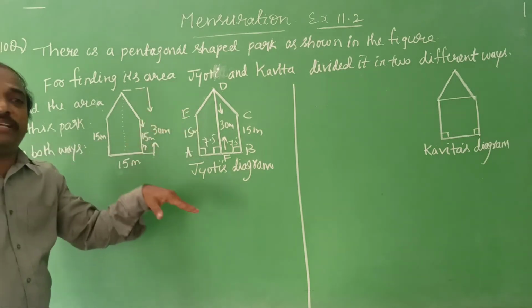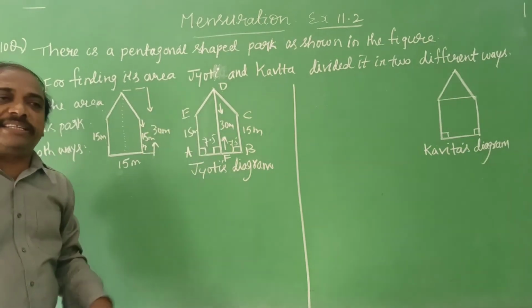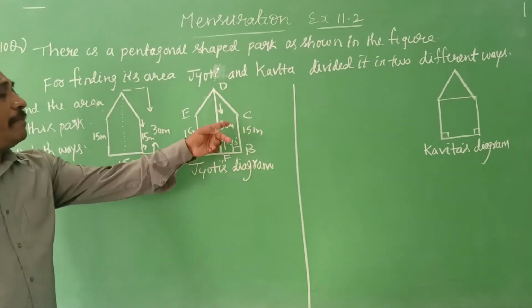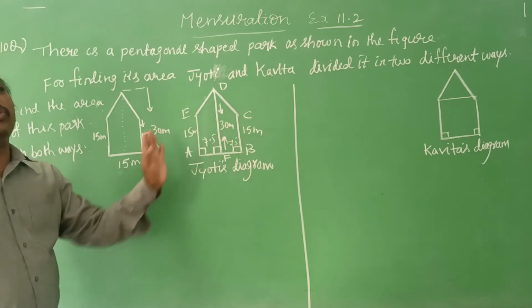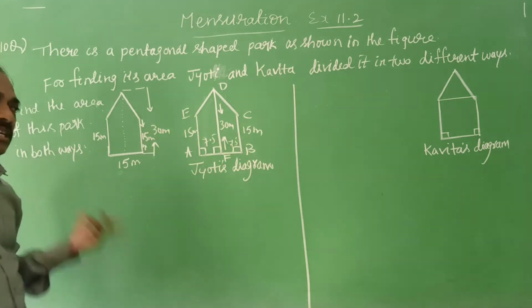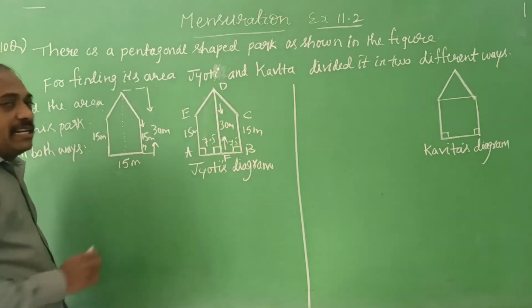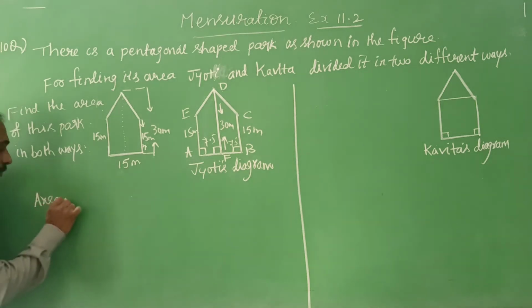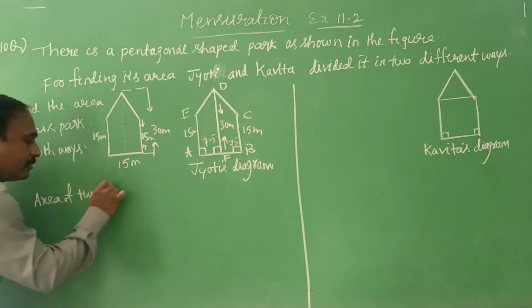How many trapeziums are there? 2 trapeziums. If you find the area of one trapezium, because the measures are the same, and multiply by 2, then you get the area by Jyoti's method. So first let us complete Jyoti's method. So the area of 2 trapeziums.